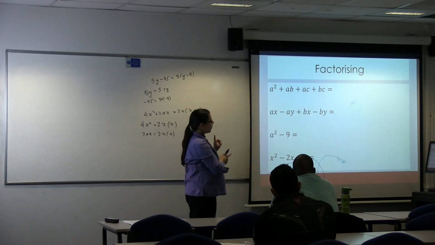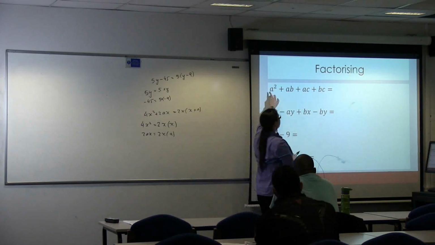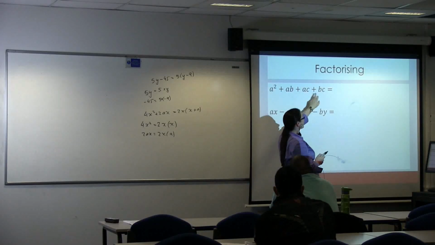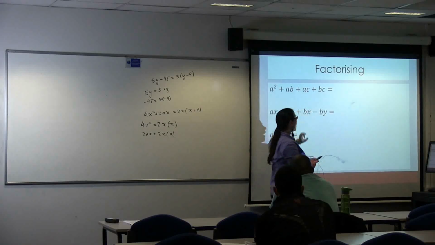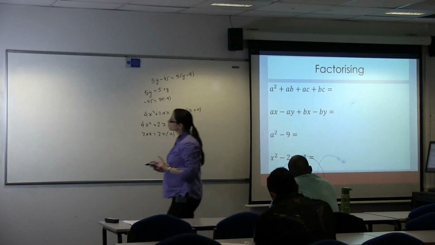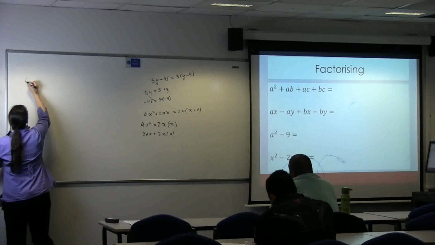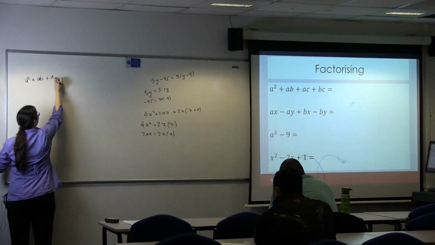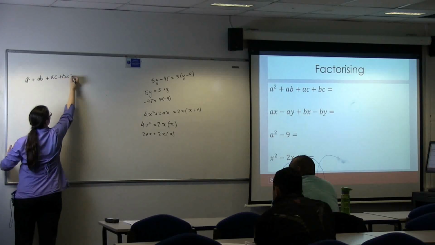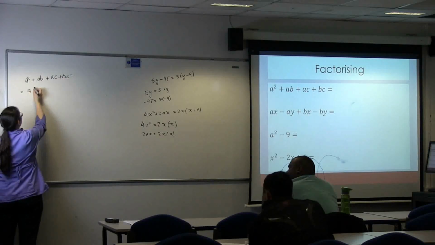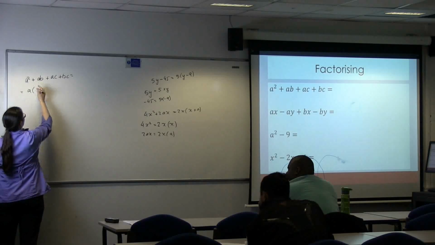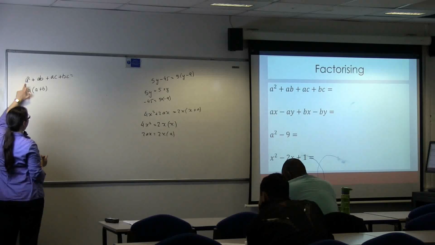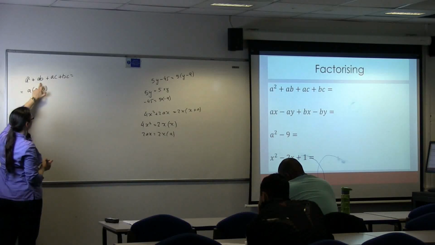But what I also spot is that a is common in the first two, but c is common in the second two. So what I can do here is to factor out a from the first two terms. So I'm left with a plus b, because a times a gives me a squared, and a times b gives me ab.